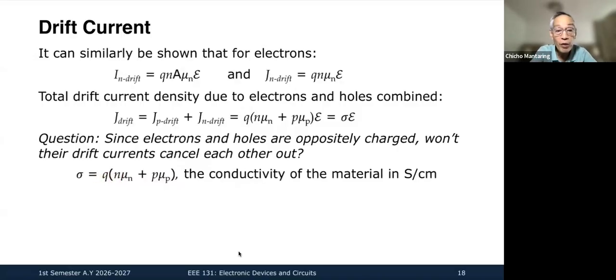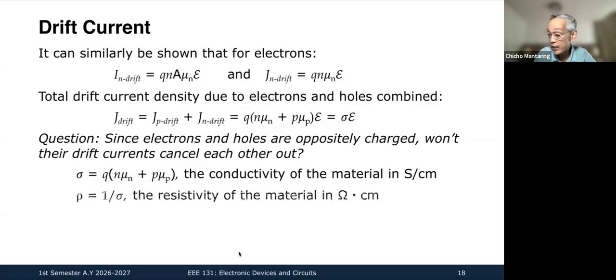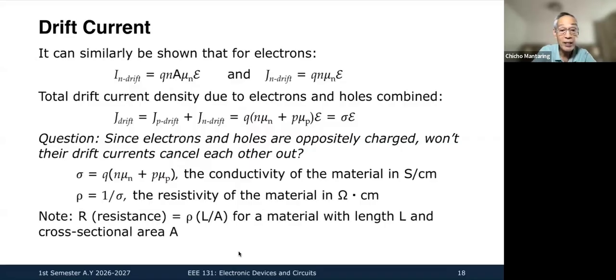Are you familiar with conductivity? Conductivity is the reciprocal of resistivity. If you want to get the resistance of the block, I'm sure you learned this equation in the past.